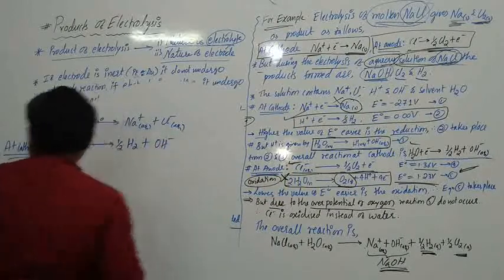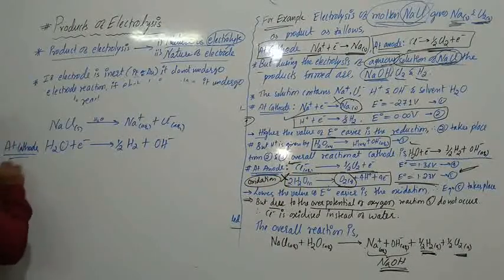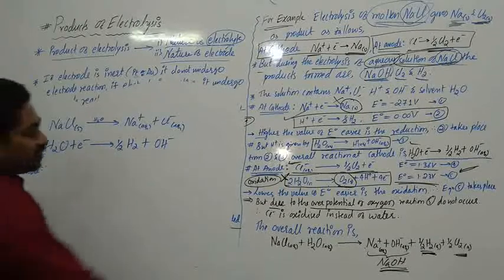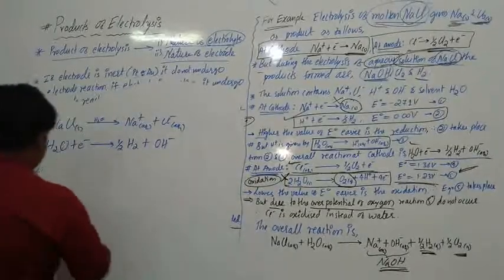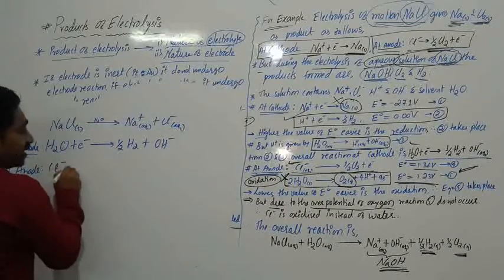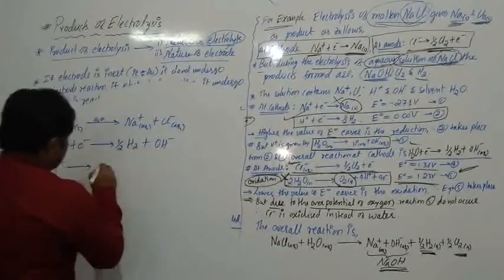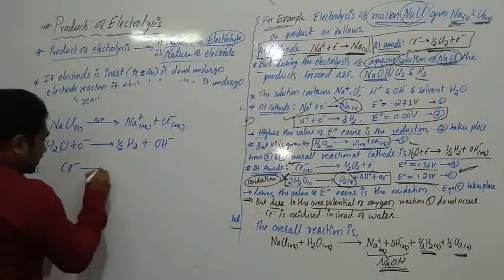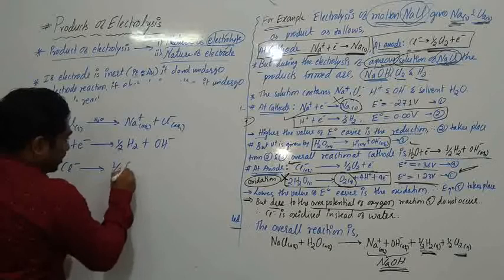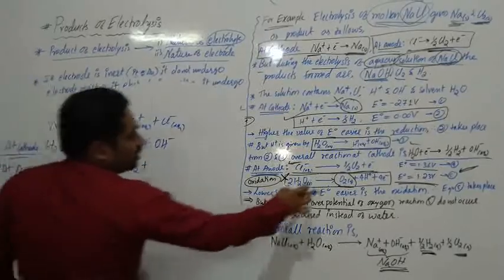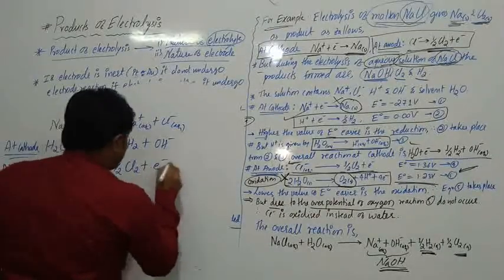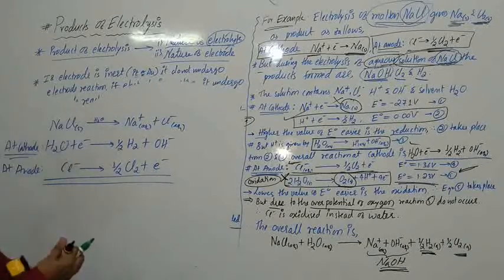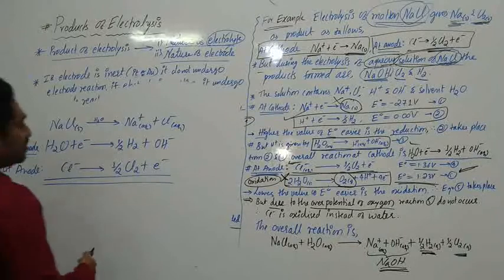Okay, at the anode, at the surface of the anode this reaction takes place. Cl- will give, write clearly, Cl- will give 1/2 Cl2 plus electrons.